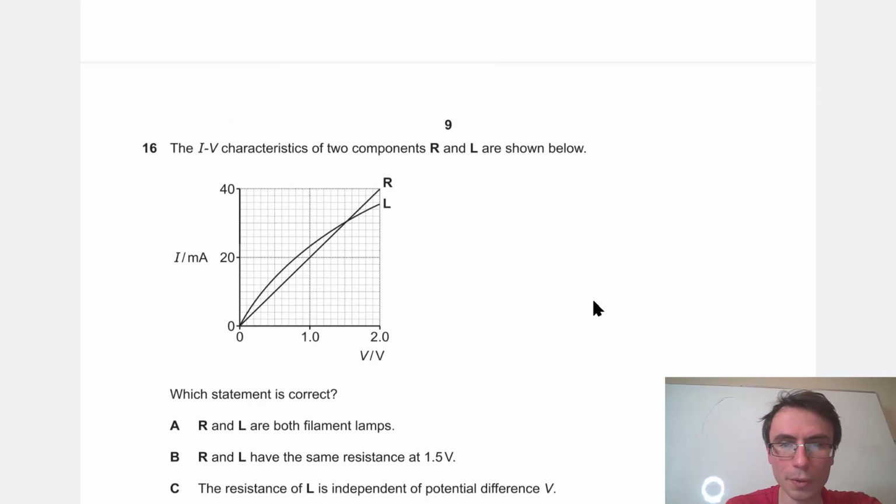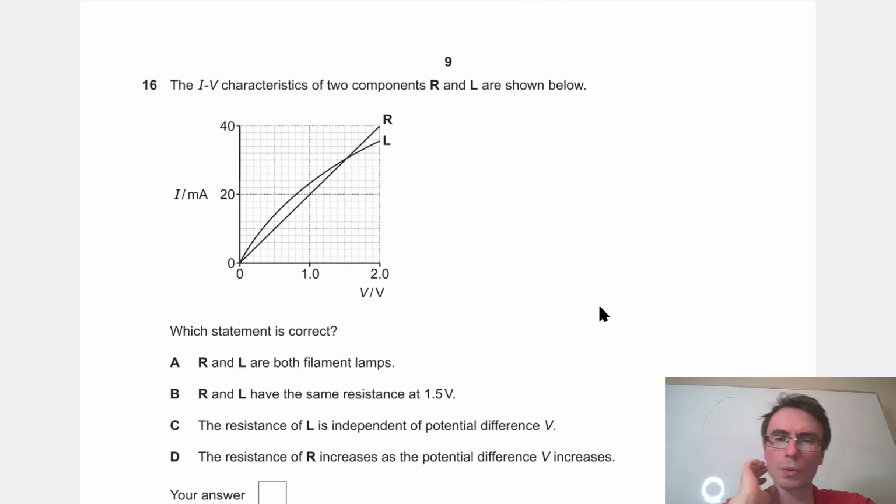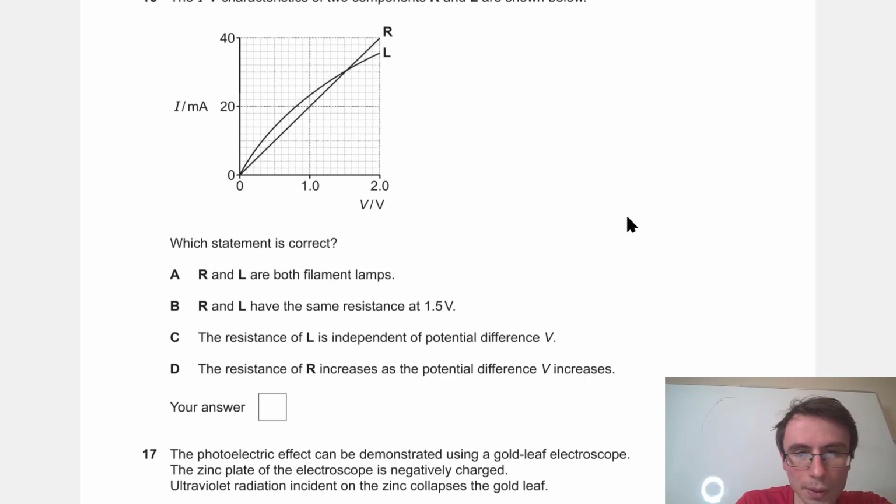Okay, next one. The I-V characteristics of two components are now shown. Which statement is correct? Okay, I against V. R and L are both filament lamps. Nope, that is not true. The shape of a filament lamp is like this, with the resistance increasing with the current and the temperature.